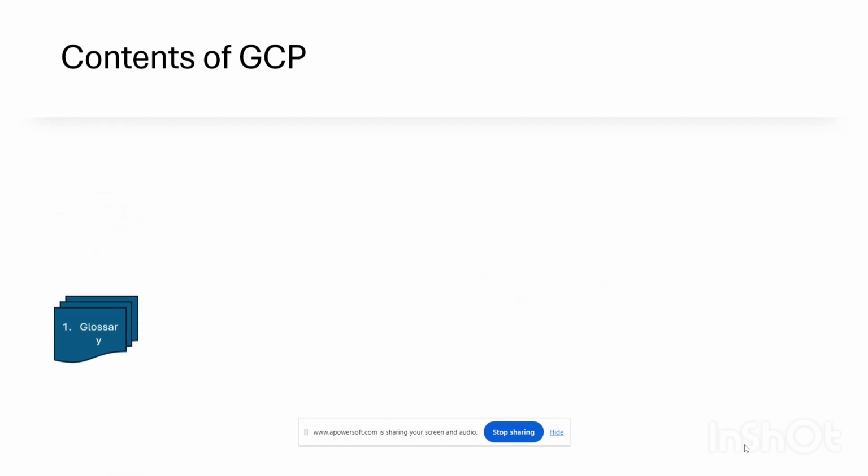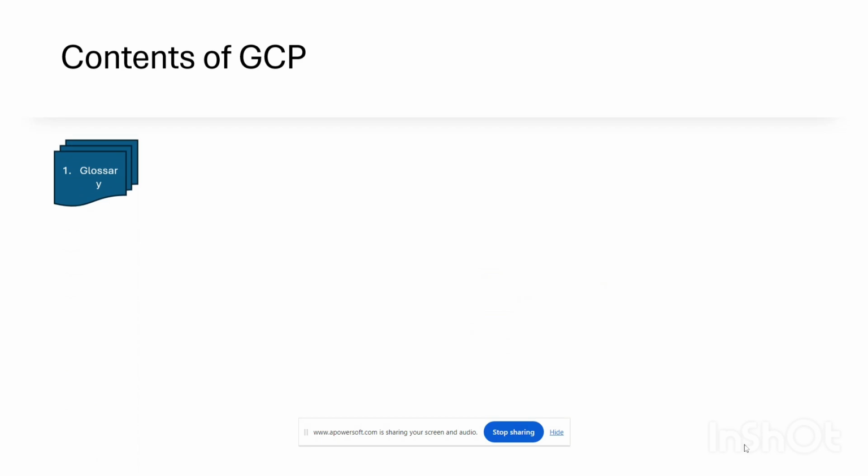What is the first section? The glossary. The glossary contains definitions of clinical research related terms. There are a lot of clinical research related terms, and we can see these terms and their definitions in the glossary section.